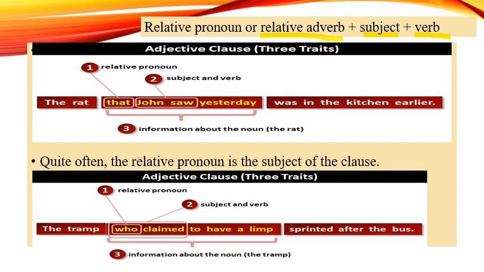And it's describing the tramp. But if you look here, you don't have a subject in this clause. That's why we have two types of adjective clause. Some of them have the relative adverb, the subject and the verb, and the others have the relative pronoun, which is the subject of the clause.